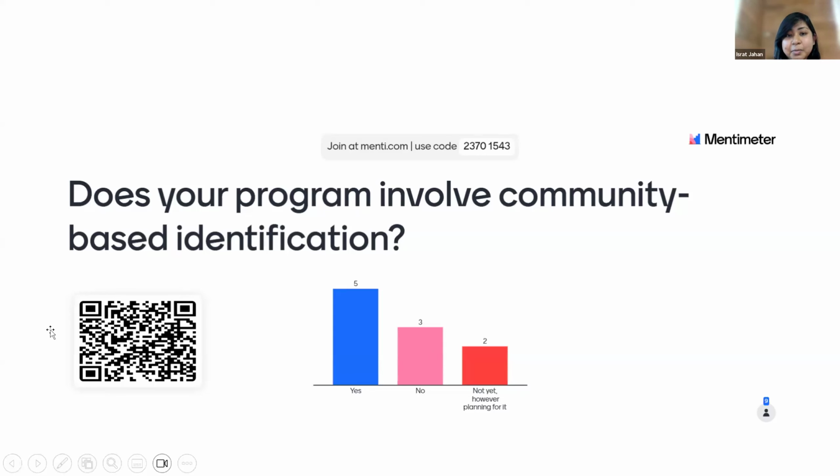Yeah, that's understandable. Okay, the majority has an existing component regarding community-based identification. That's really good to know. So both Kat and Mahmudul, you have an audience who would be really benefited by the discussion, I assume. Let's move to the next slide.